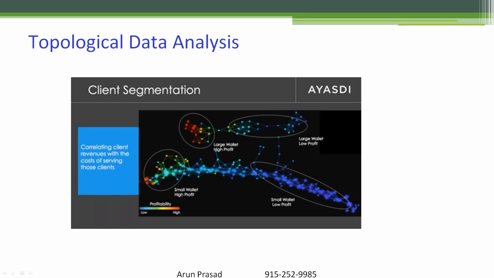There's another company you can refer to. It's called AYASDI. Google them, look at them. They are using something called TDA, which is the latest and greatest trend. It says the data has shapes, and this is an example of clustering. Usually we would use cluster analysis, but these guys say cluster analysis will only go a short distance.